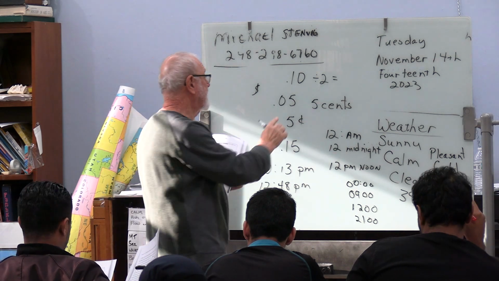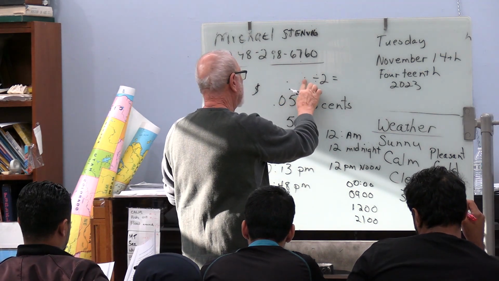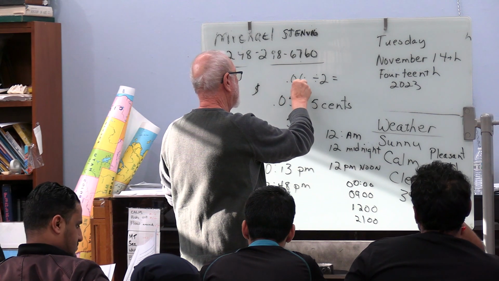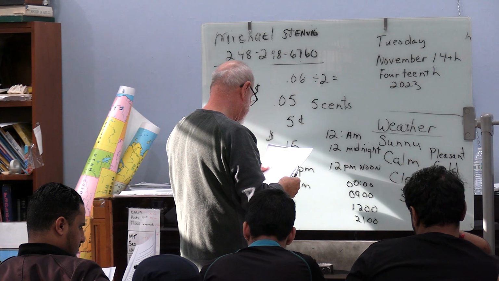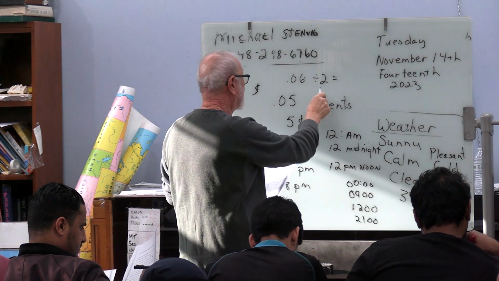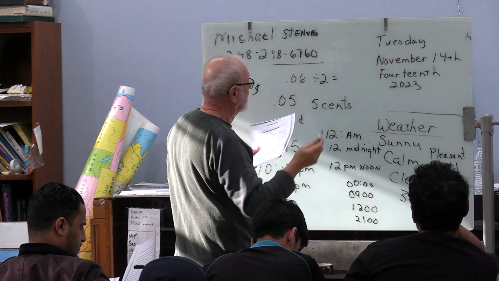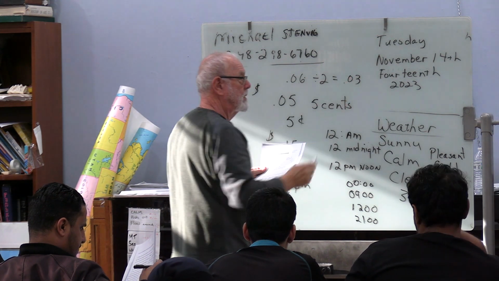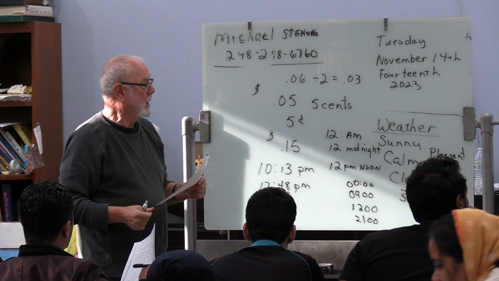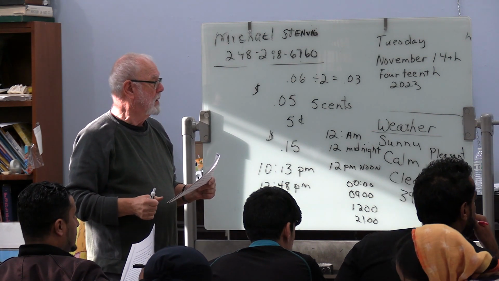Divided by 3. But it was only 2 minutes. 6 divided by 2 is 3. Yes, 3 cents.